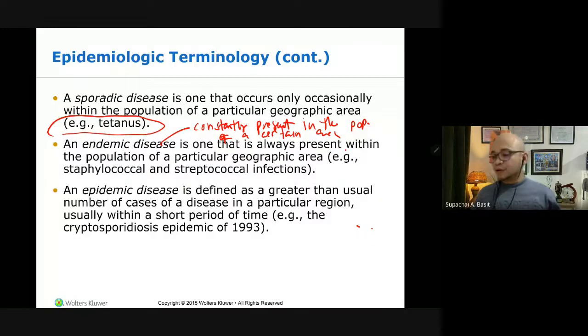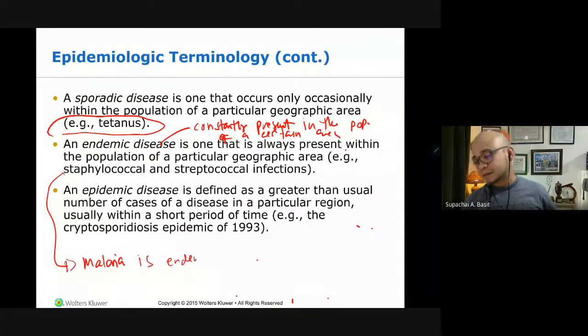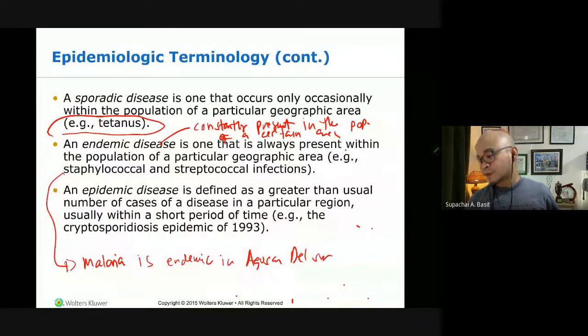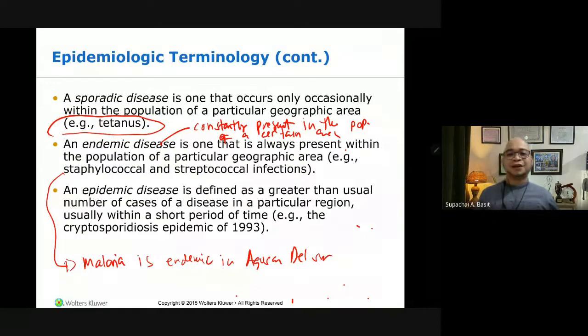Okay, so let me give you an example. When you say malaria, malaria is endemic in Agusan del Sur. Meaning to say, all throughout the year, there are always cases of malaria in Agusan del Sur.